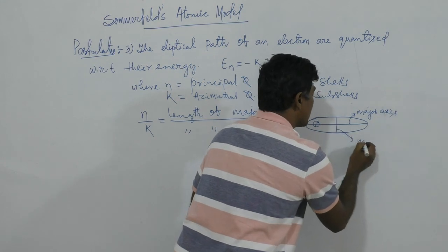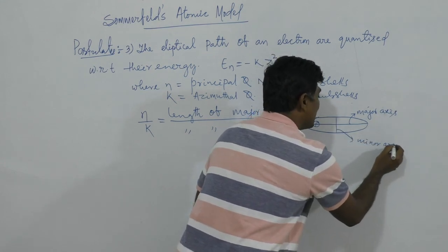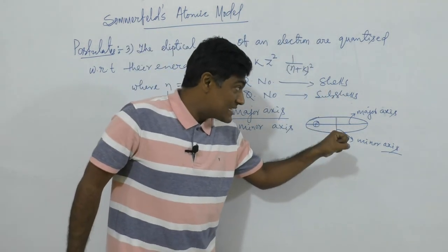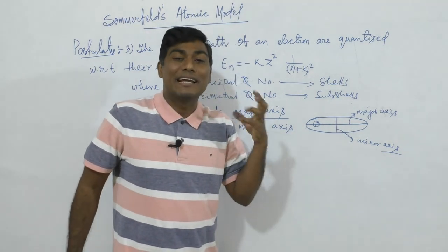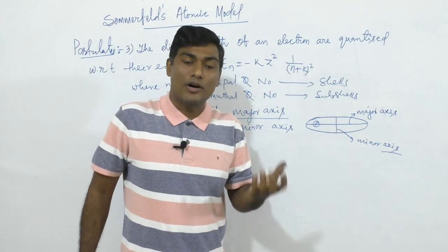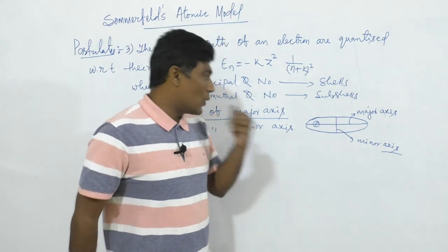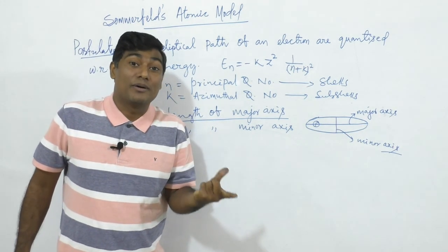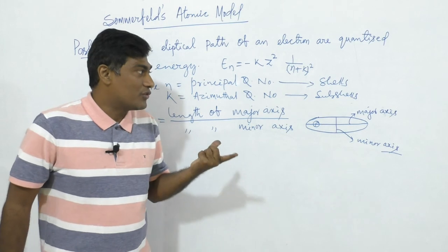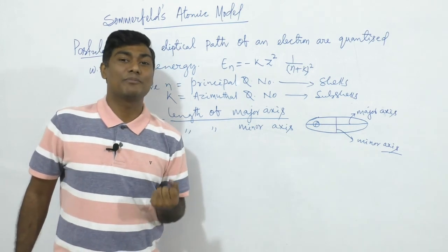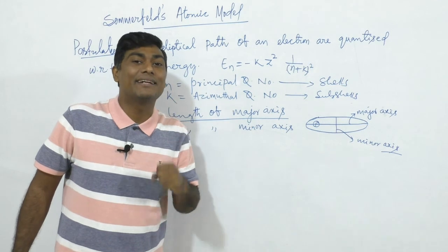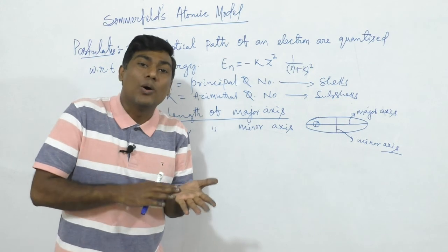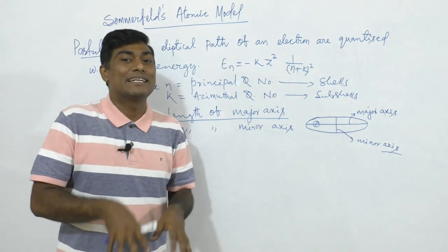As you change the major axis and minor axis, you can get different elliptical orbits for an electron. We will take an example with principal quantum number n = 4, and see how the azimuthal quantum number changes, and accordingly how we get different elliptical paths in the same orbit, and how different subshells are present in a shell.